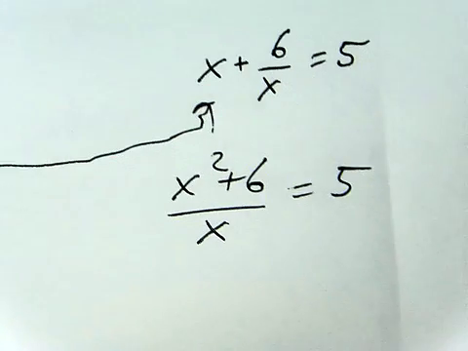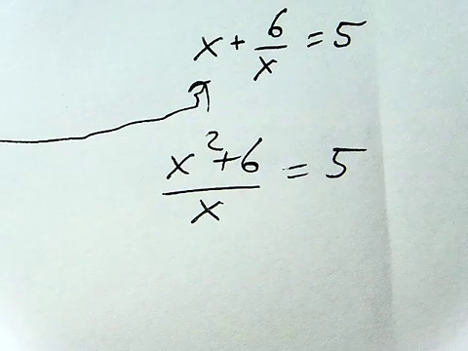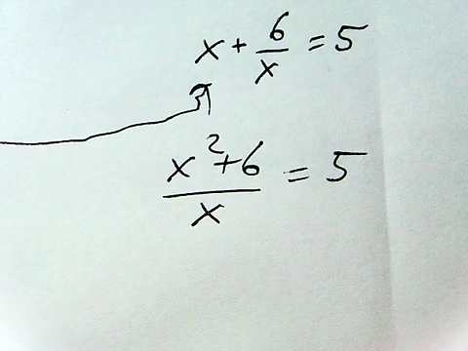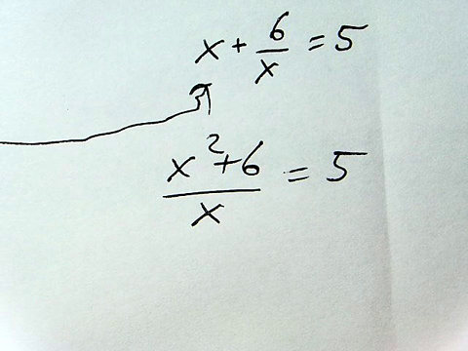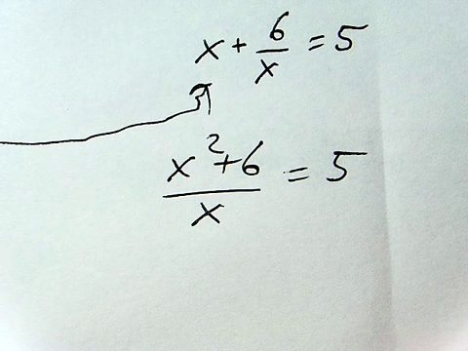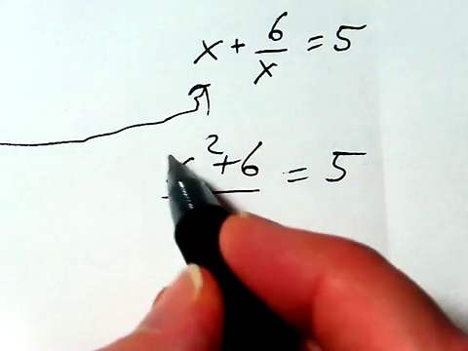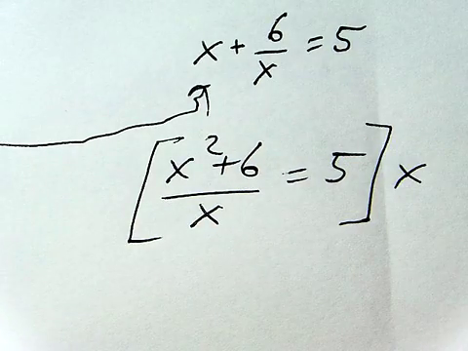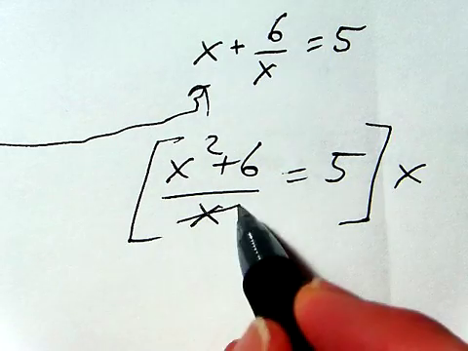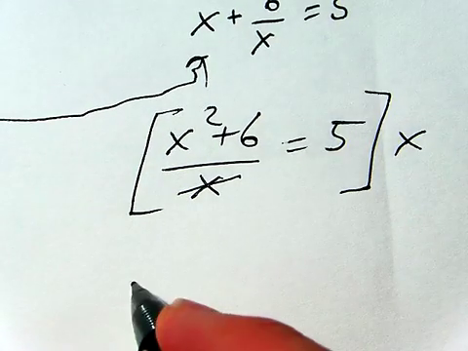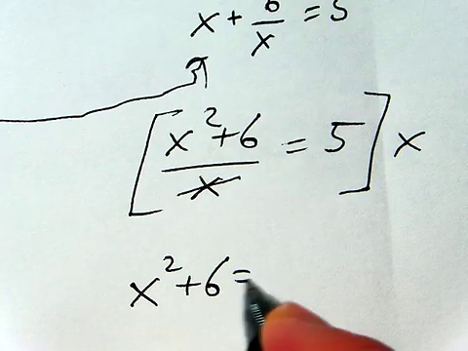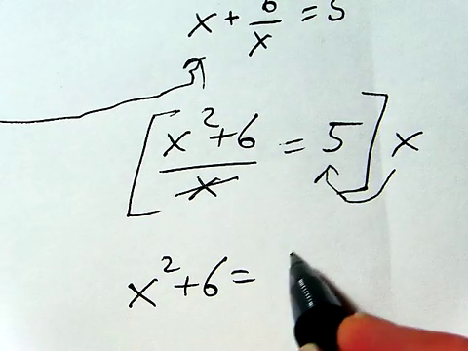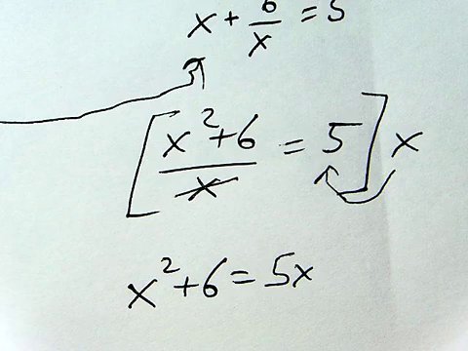We're just substituting it in. Although we have probably grown accustomed to solving this by cross multiplication, for reasons that will become clear pretty soon, I'm going to solve it by multiplying the entire equation by x. What that does on the left side is cancel out the denominator x to give us just x squared plus 6, and on the right it gives us the term 5x.